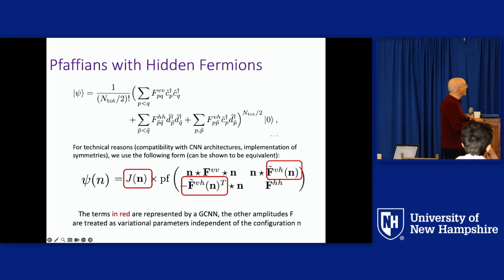So we have a block of these F amplitudes: visible-visible, hidden-hidden, visible-hidden. And you can actually show that this general form can be transformed, and this is done because it makes them more amenable to be parameterized by neural networks, as a Jastrow factor, which depends on the configuration of the physical fermions, times a Pfaffian of these quantities.